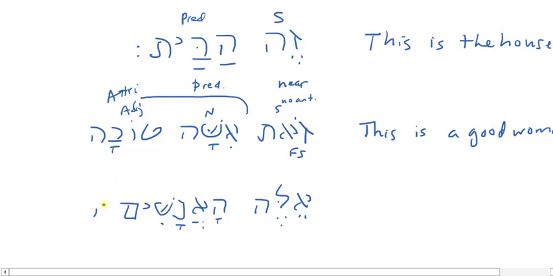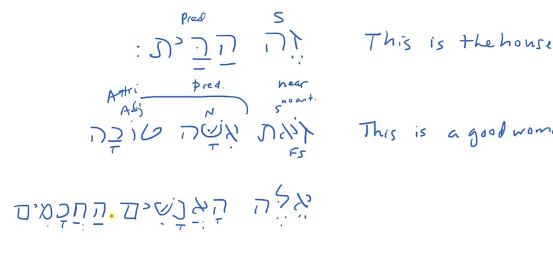You guys are so quiet. Yeah. What's the word for lost, huh? Okay, so we have ele ha'anashim ha'chachamim. Okay? Ele ha'anashim ha'chachamim. Is ele the near or the far demonstrative?